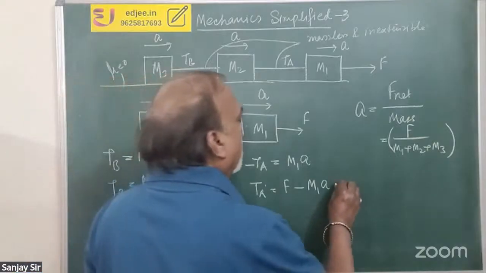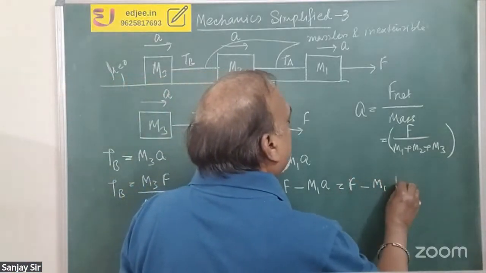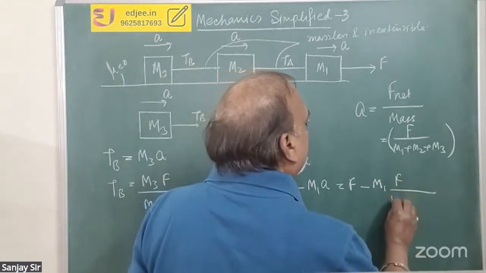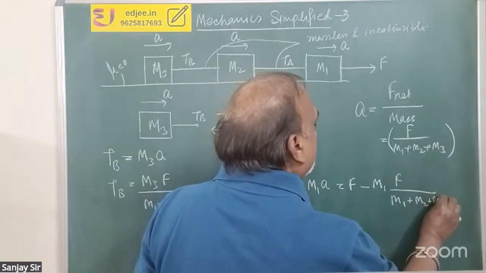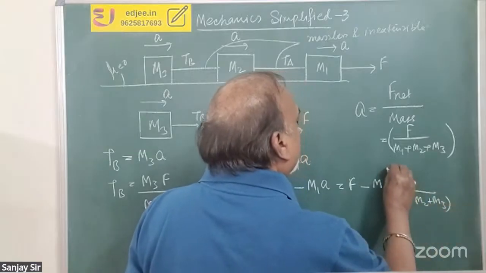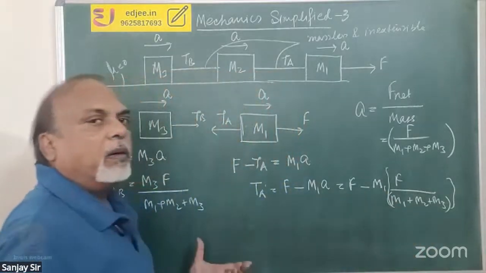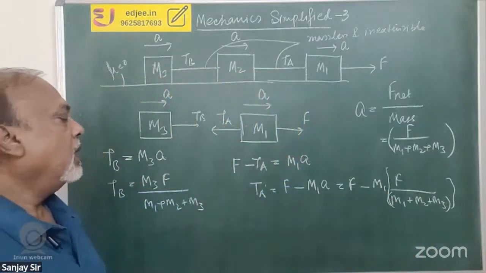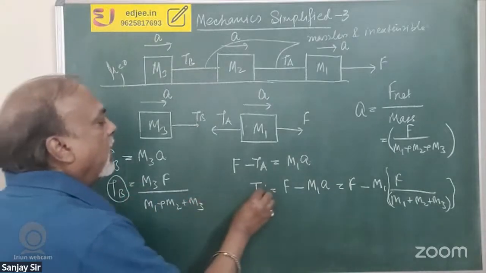A we know, you can simplify it and then you can find TB and TA.